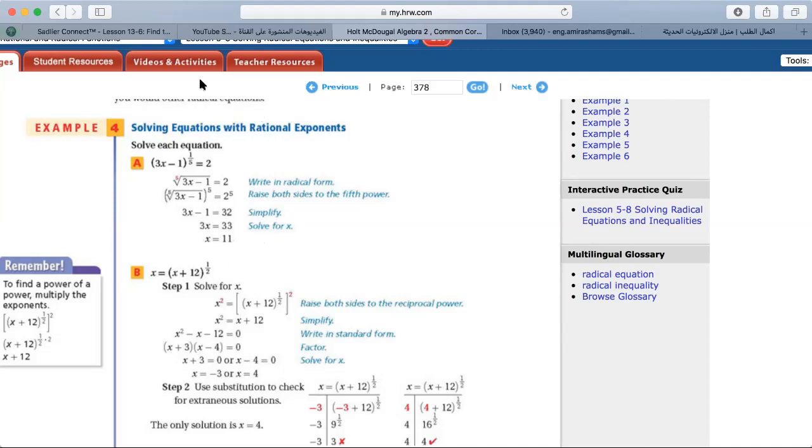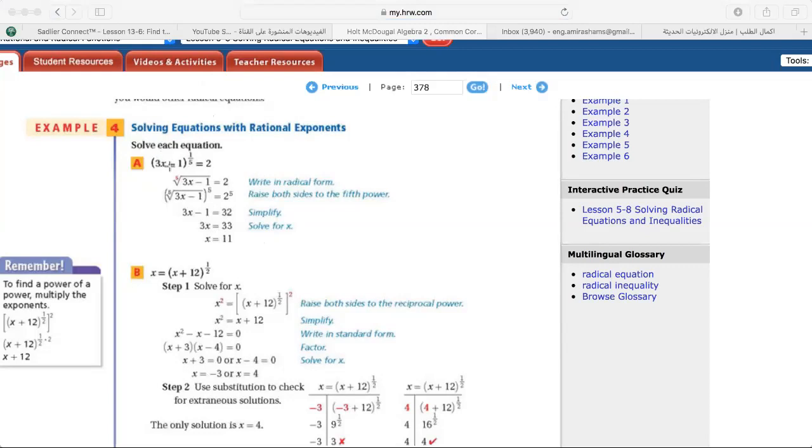So what is the extra step that we did here is this part, that we rewrite the equation in radical form.